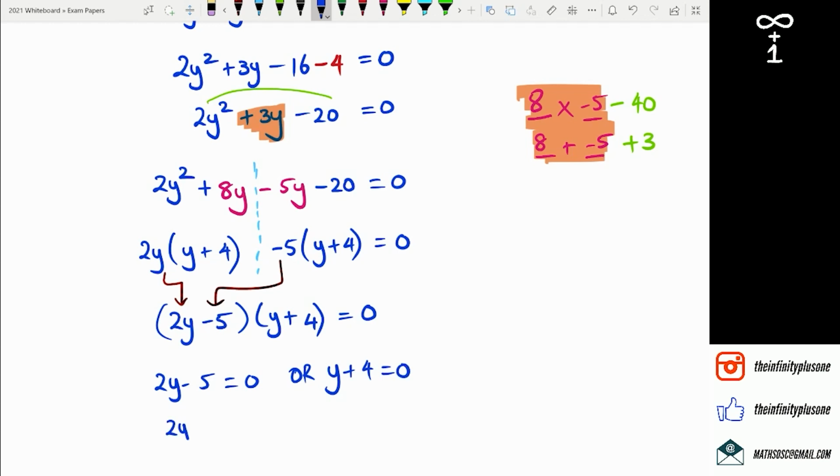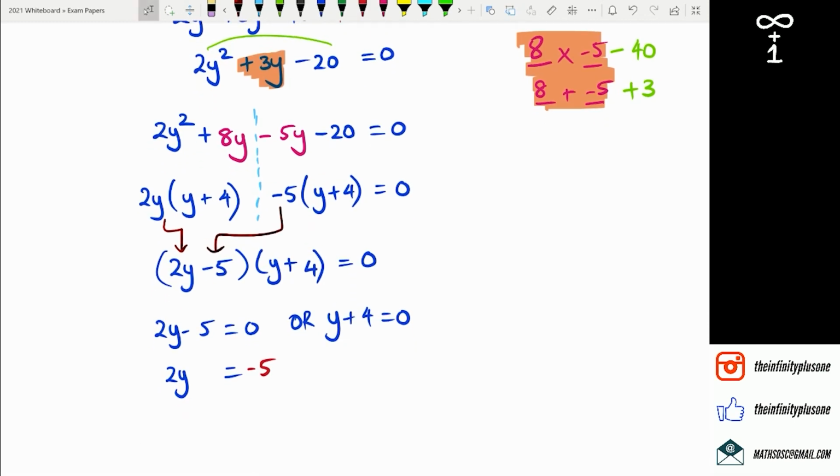In this case, 2y is equal to 5, sorry, not minus 5, I just realized that it's plus 5. y is equal to 5 divided by 2, so we end up with y equals 2.5. You can leave it as 5 over 2, it's not a biggie. And then on this side, y is equal to minus 4. So as you can see, there are two answers for this question.